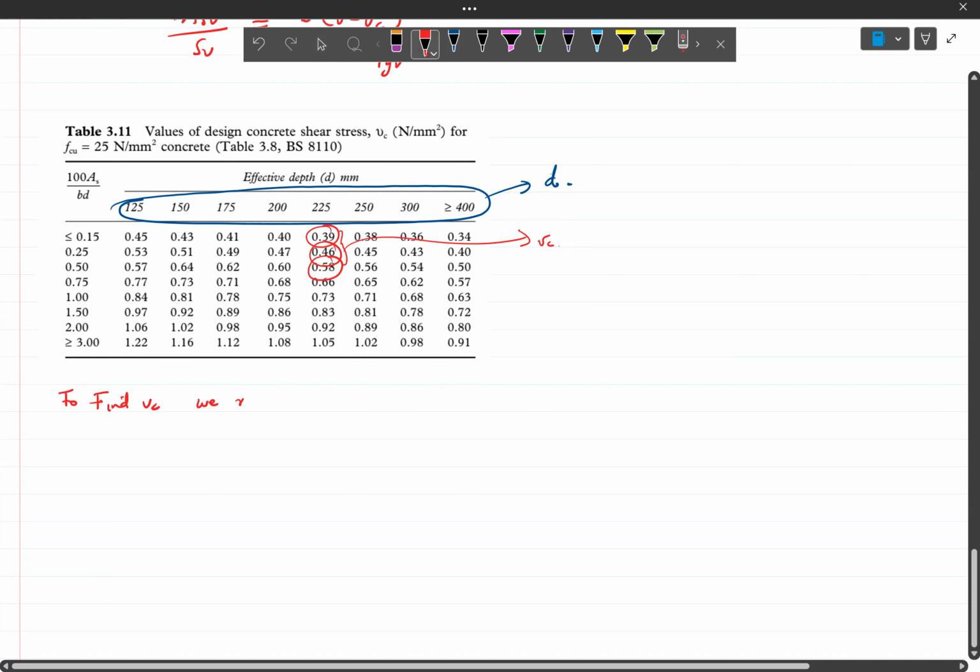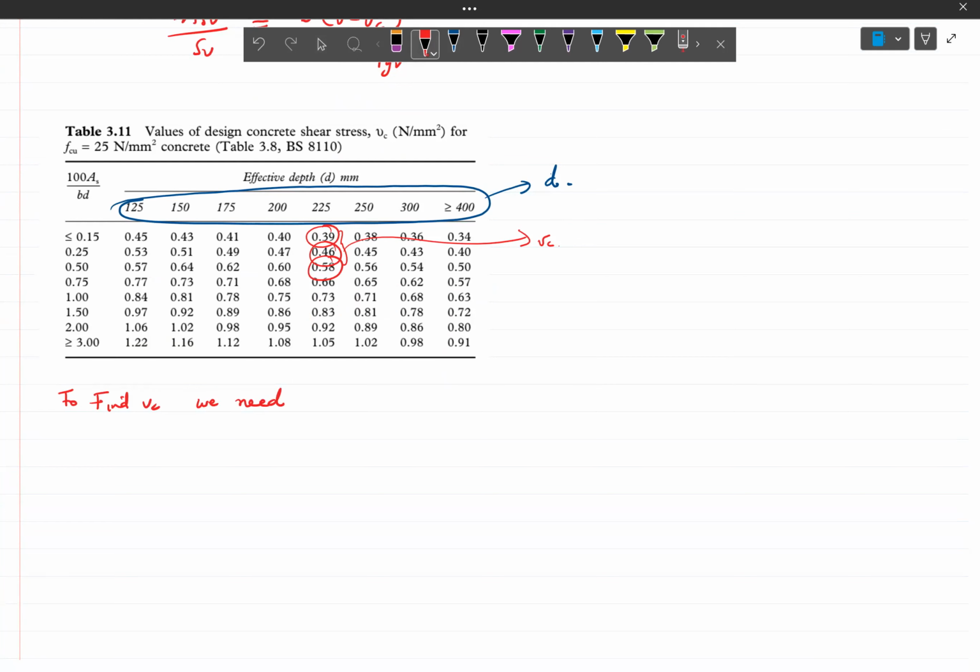So to find the vc, we need two parameters. We need the d, which is the effective depth. And we also need the percentage of reinforcement at that section.